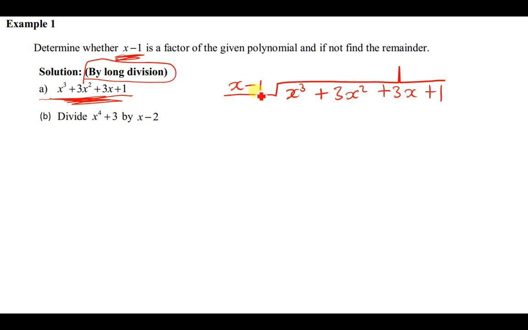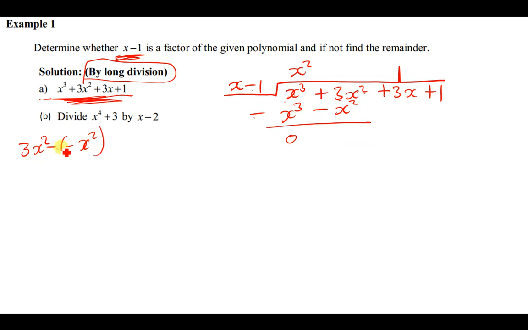So x into x cubed, the answer is x squared. x squared times x, the answer is x cubed. x squared times negative 1, the answer is negative x squared. When we subtract, this minus that, the answer is 0. Then we have 3x squared minus negative x squared.